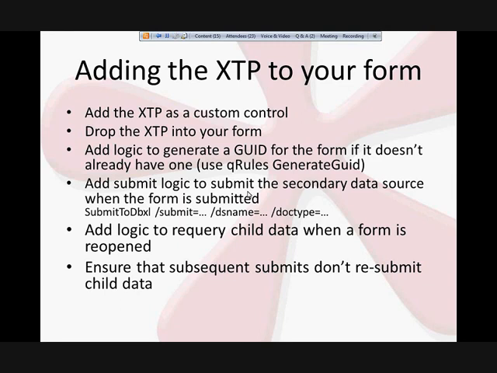You'll have the submit logic to submit the secondary data source. That's already in the XTP, but since the XTP doesn't have qRules in it, you'll need to redirect that from the field it's assigned to the actual Qdabra rules field, just like in the QdEncryption. And then some logic to requery the child data when the form is reopened, and ensure that subsequent submits don't resubmit the child data.